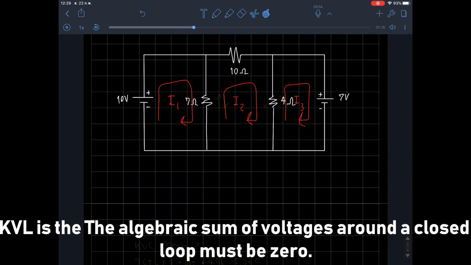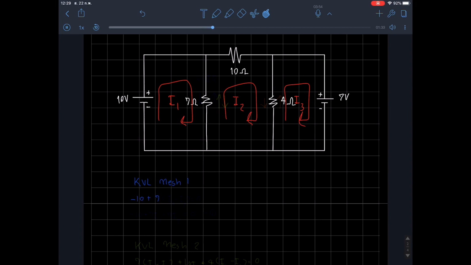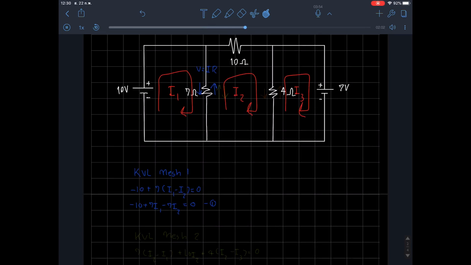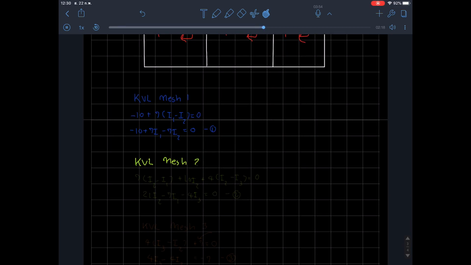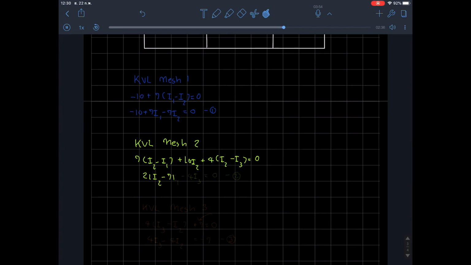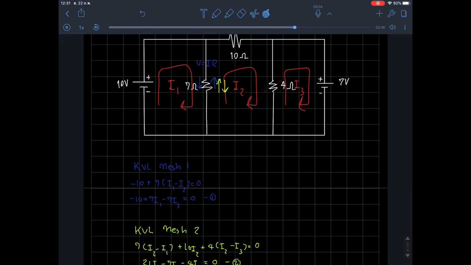KVL says the algebraic sum of voltages around a closed loop must be zero. This is the first loop. And this is the last one.